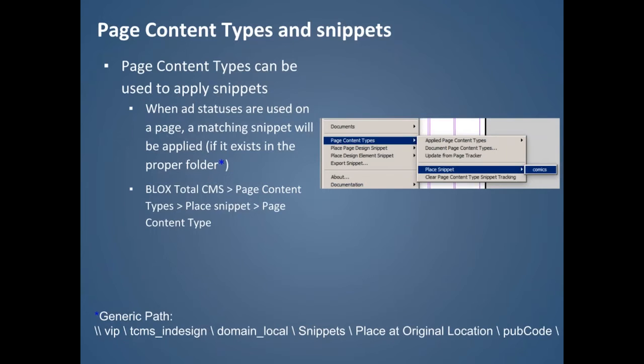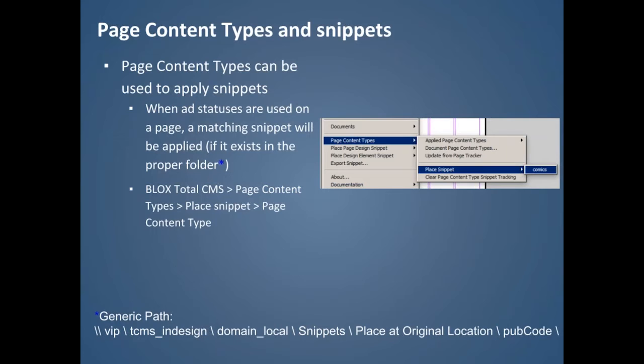Or if the content type got assigned later, then a user can then go back in and choose this page context menu, place snippet, and then it'll show you the matching snippets for the type of content that that page has assigned to it. So it makes wading through the snippets a whole lot easier.